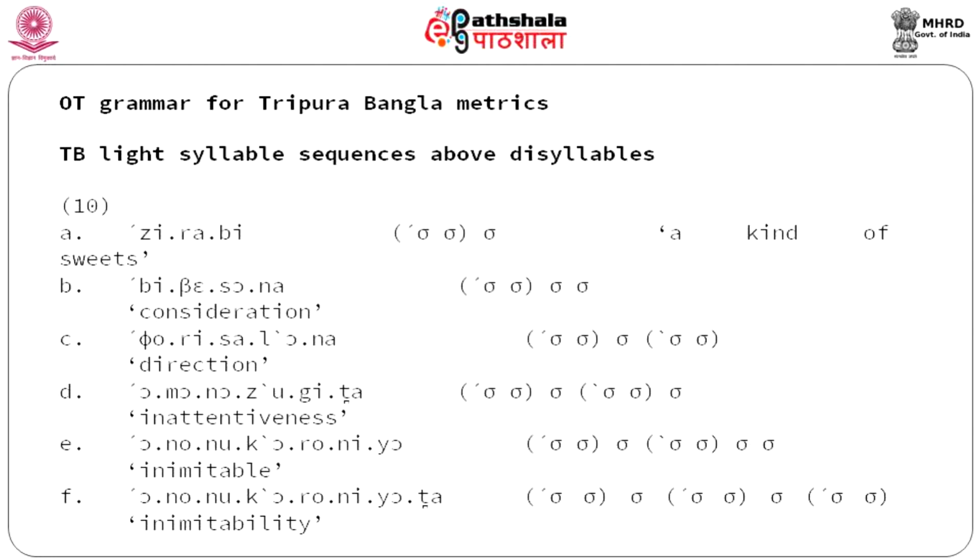The first syllable has primary stress, and then the secondary stress is on the fourth syllable in all of them. Now let's turn to some of the generalizations about words in Tripura Bangla that have more than 2 syllables in them.